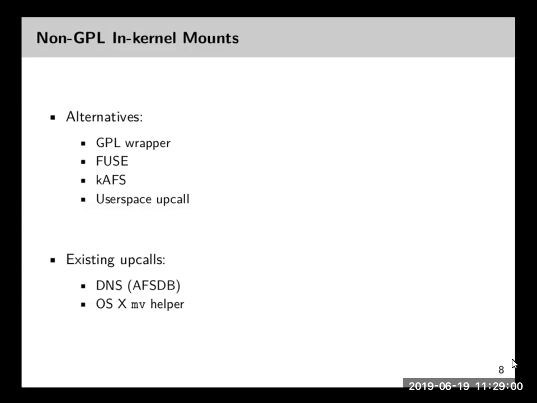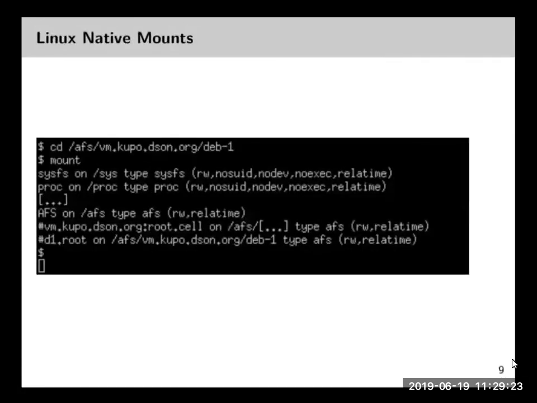We have a framework for that because we need to be in user space to issue, well, we don't have to, but it's obviously a lot easier to make DNS requests in user space. So for DNS and AFSDB support, we already do that. And for Mac OS X, there's a user space thing to help you move files between volumes because of some quirks on how Finder works. So I've implemented that, the user space upcall thing.